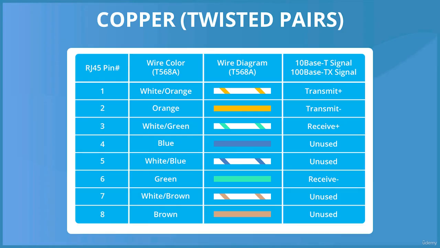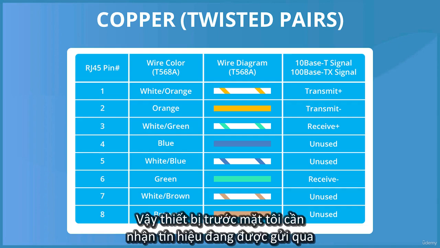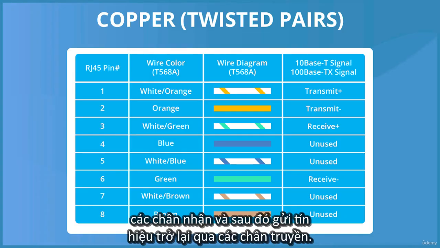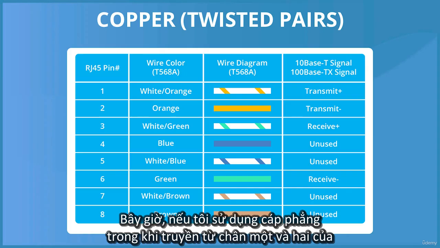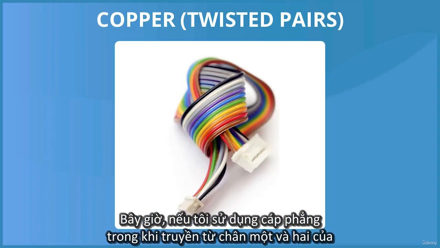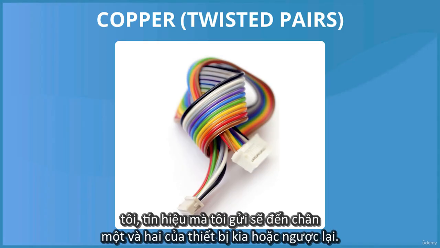You see that? Cool. So the device in front of me needs to receive the signal that's being sent through the receive pins, and then send the signal back through the transmit pins. Now, if I use a flat cable while transmitting from my pins 1 and 2, the signal that I send will reach the 1 and 2 transmit pins of the other device, or vice versa.